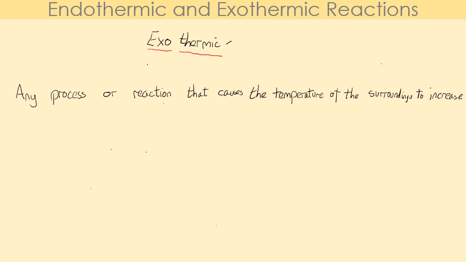We have thermic, which refers to our thermal or heat energy, and exo means to exit. So thermal energy will exit the process or the reaction and go into the surroundings.